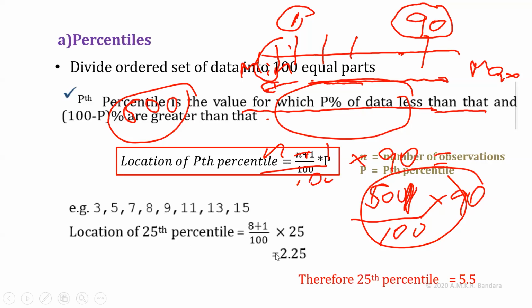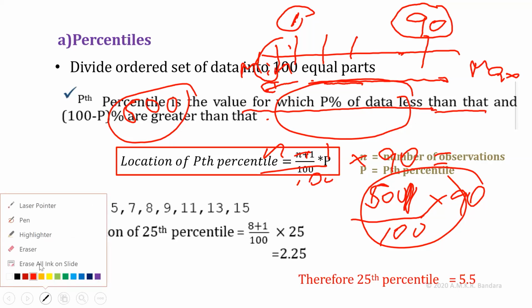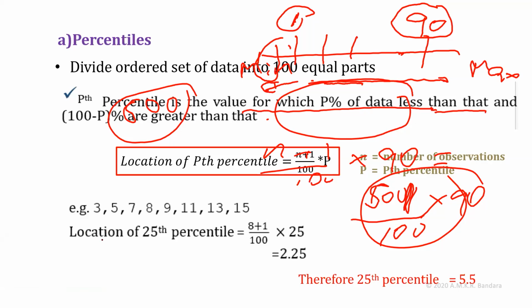My 25th percentile will be between the second and third location, towards the second location. We have to go 2 units and a further 0.25 unit.